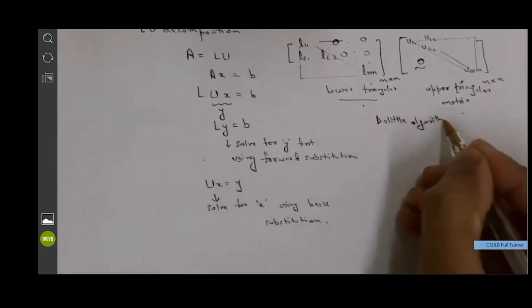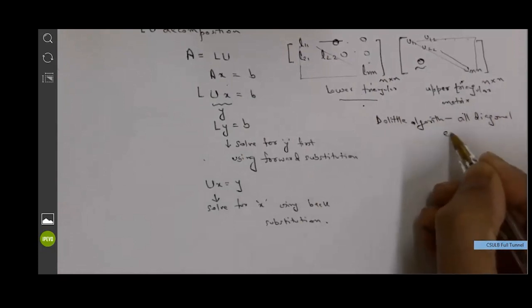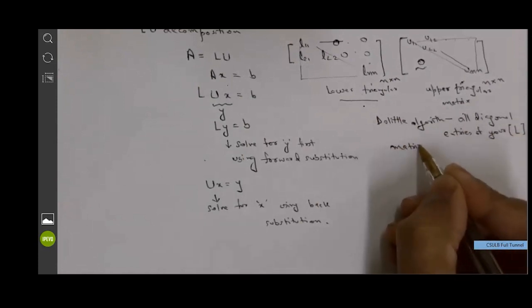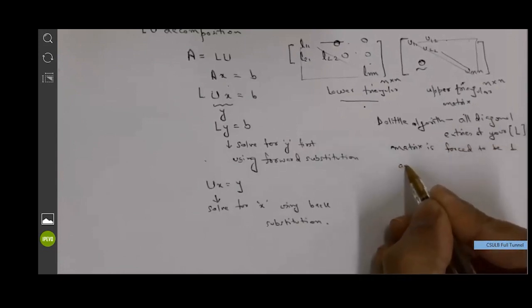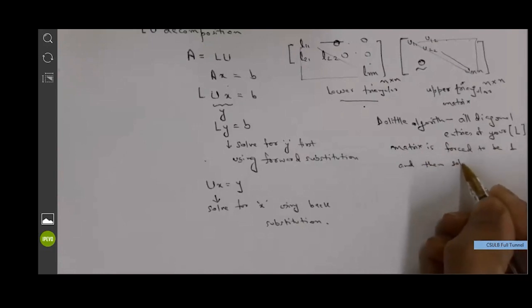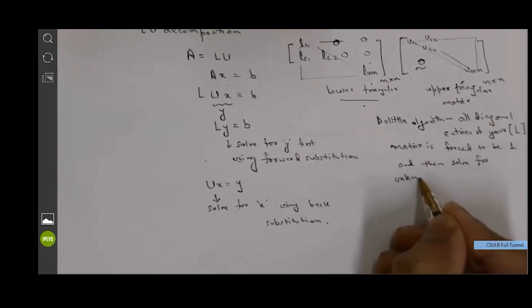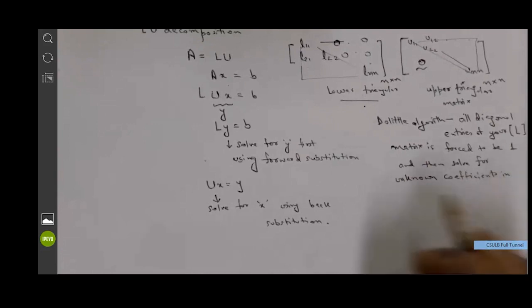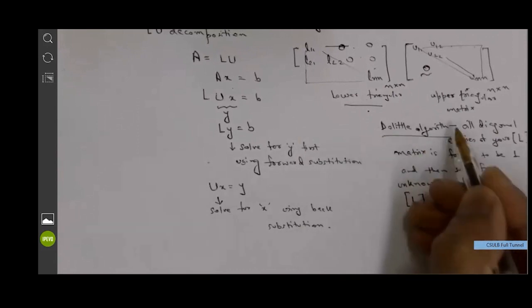Doolittle's algorithm basically means all diagonal entries of your L matrix are forced to be ones, and then you solve for the unknown coefficients in the L and U matrices.